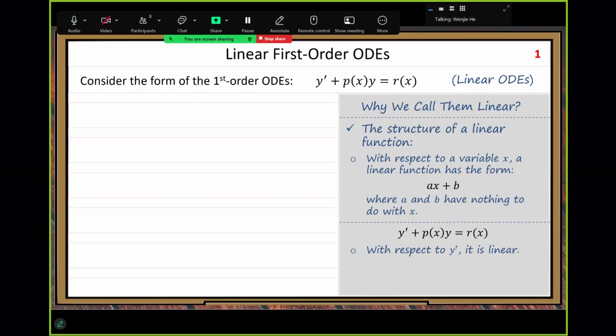Not done yet; we have a second requirement. Second, with respect to y, we only look at the y terms. All the other terms we treat as constants. Then it is linear. If these two conditions are satisfied, then we say this whole equation is a linear ODE.